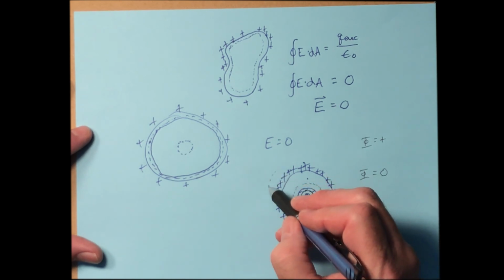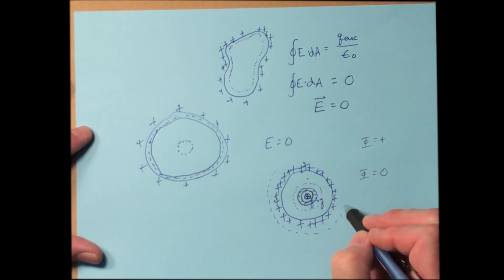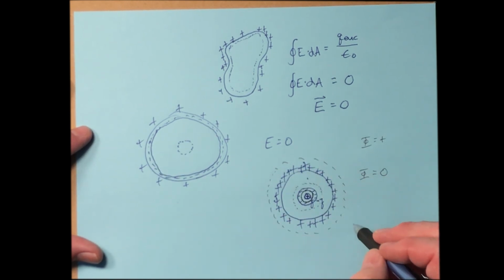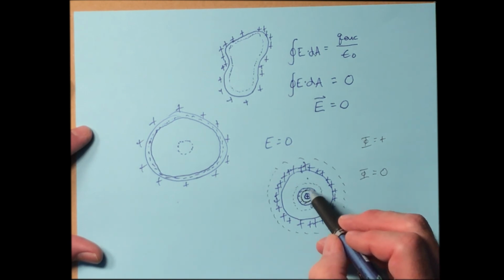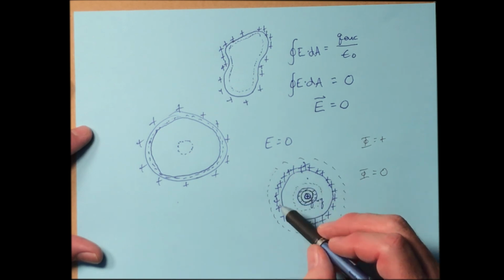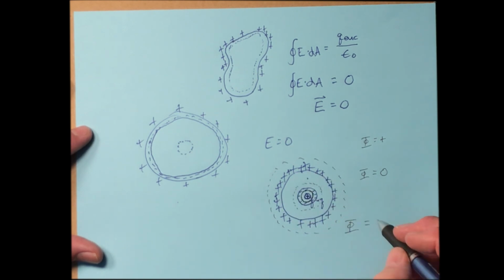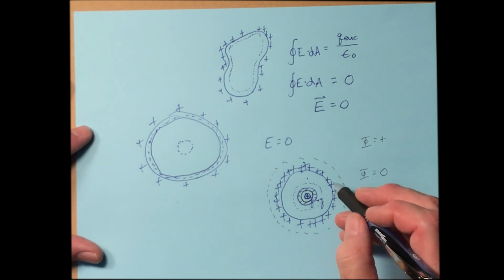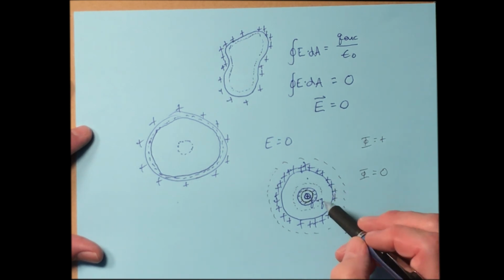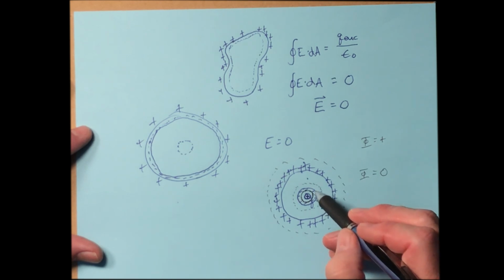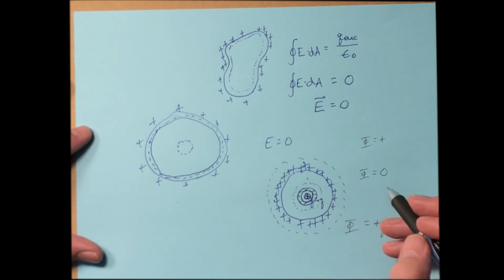Okay, and if I go out here with my Gaussian surface, so now it's enclosing everything, well, now what's the flux? Well, you've got positive and negative. Those two are equal to each other, so they cancel each other. And I've got all of these positive charges out here. So how much positive charge is out here? Well, I know that I've got plus Q, because the negative Q came here. And then I've got plus whatever was there to begin with.